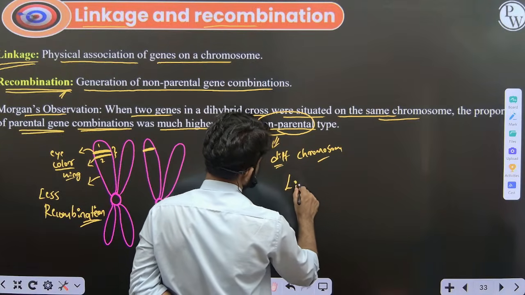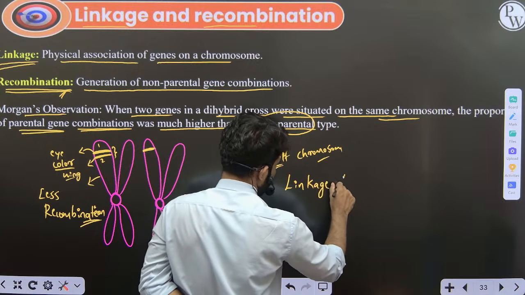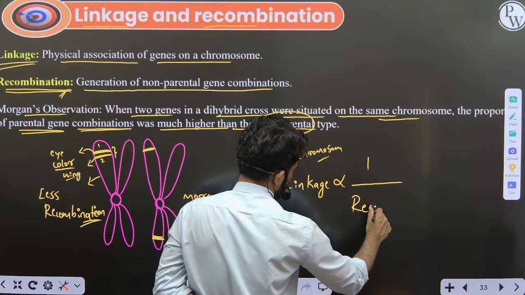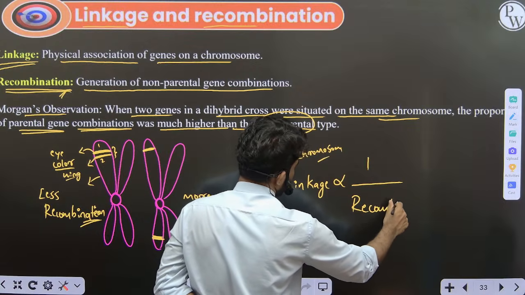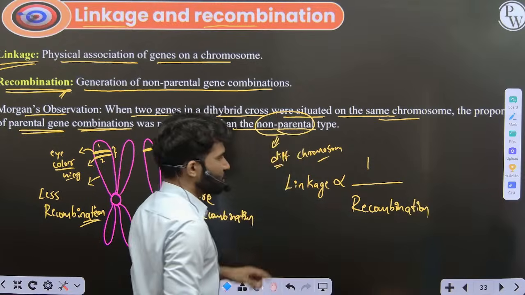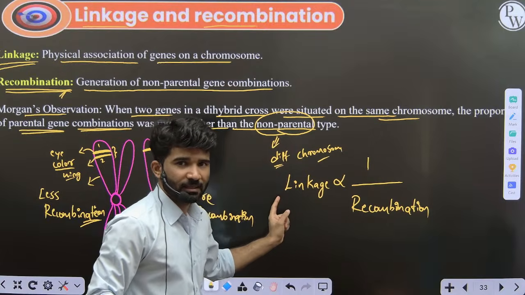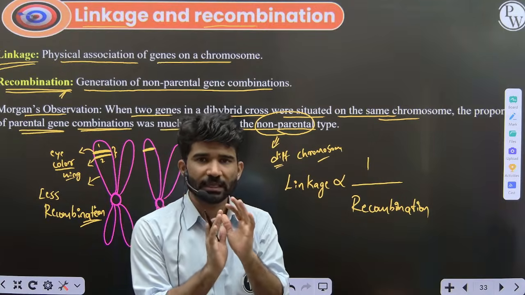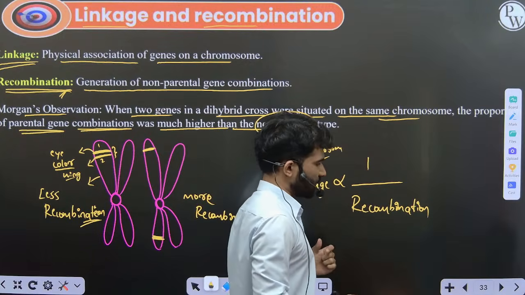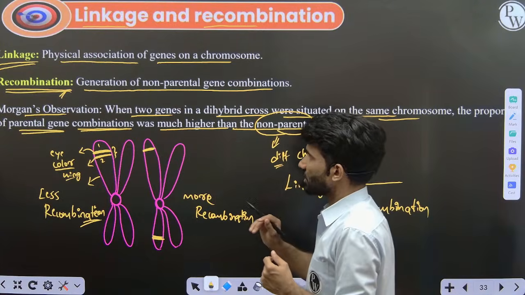Adding to this, linkage is inversely proportional to recombination. The linkage is more, recombination is less; the recombination is more, the linkage is less.